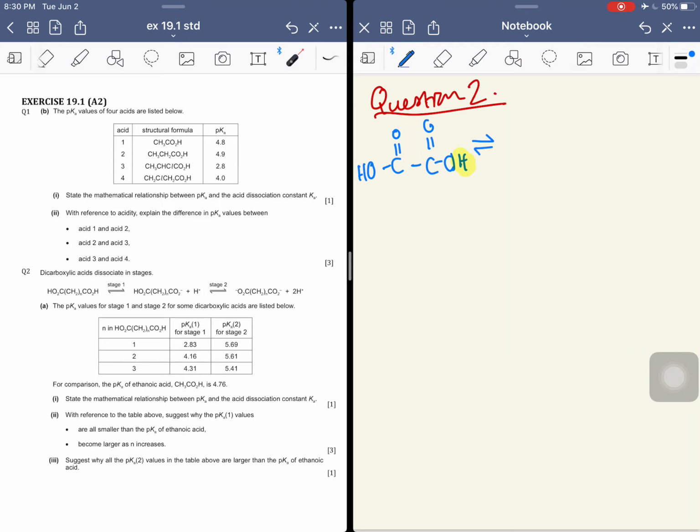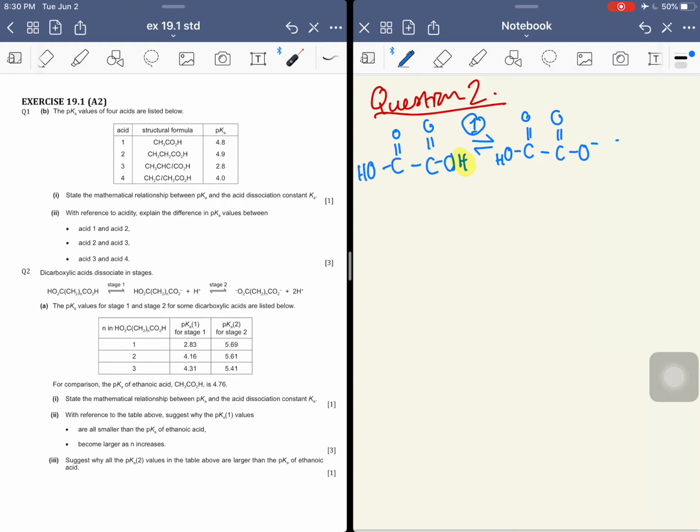So this is stage 1, where you remove the hydrogen ion from the right side first. After you remove the first hydrogen ion, you will get a carboxylate ion with a negative charge.